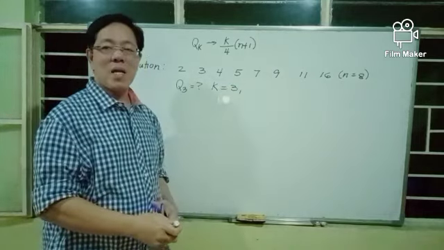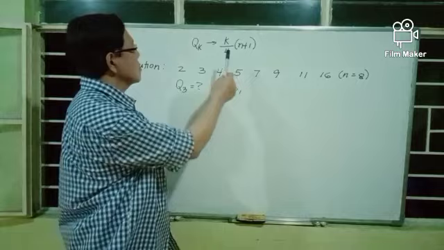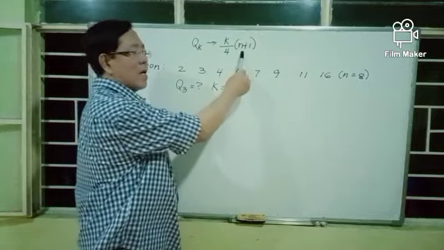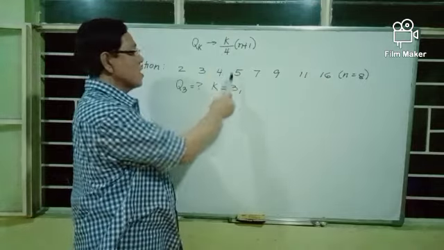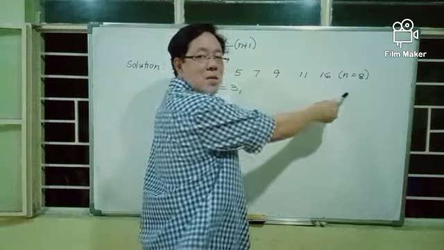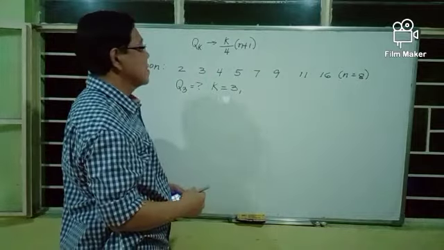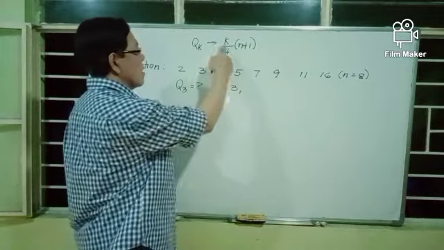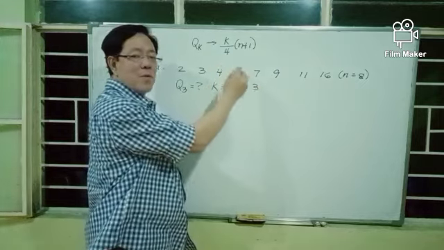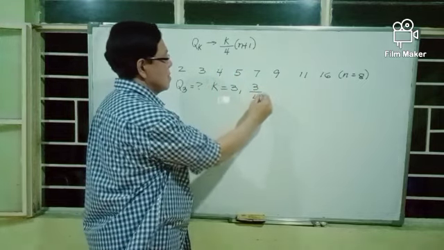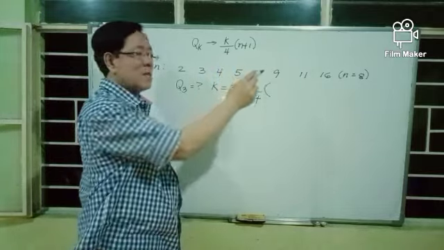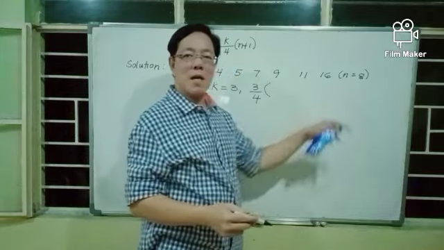So we compute k, which is 3, divided by 4, times quantity n plus 1, where n is 8.